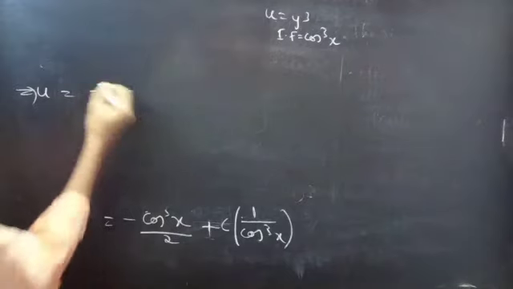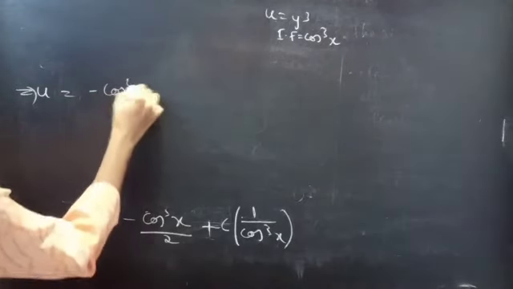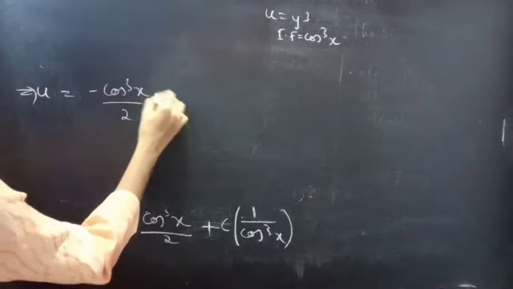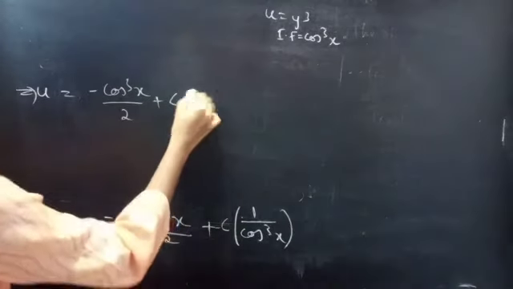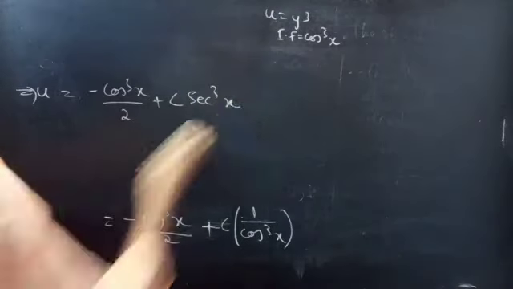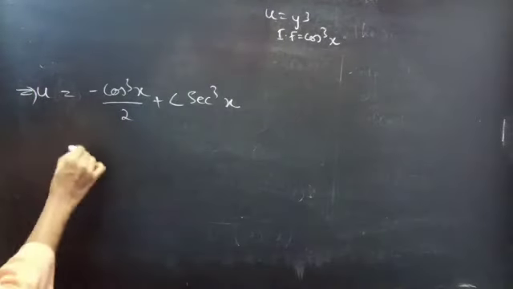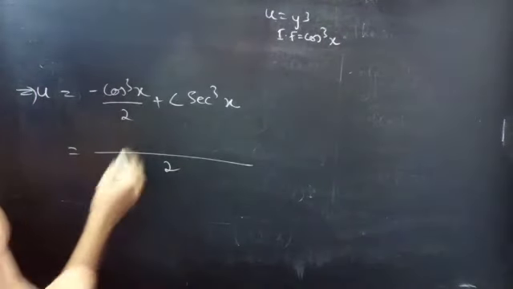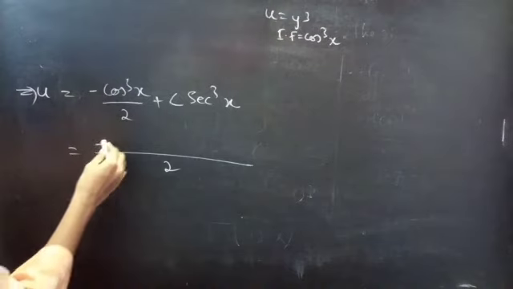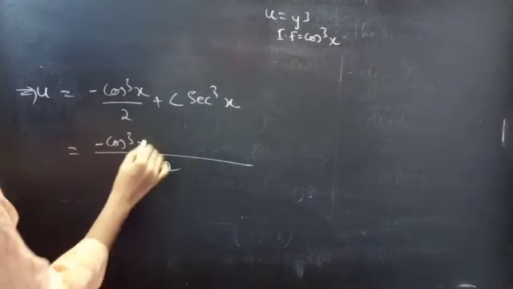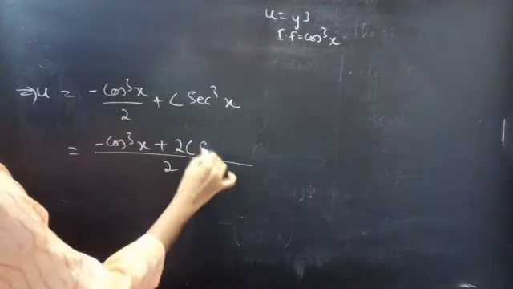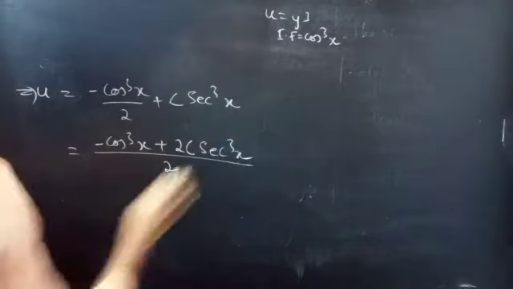This equals minus cos cube x by 2 plus c into the reciprocal of cos cube x, which is secant cube x. Now take the LCM. You'll get 2 as your LCM. In the numerator you'll get minus cos cube x plus 2c secant cube x.